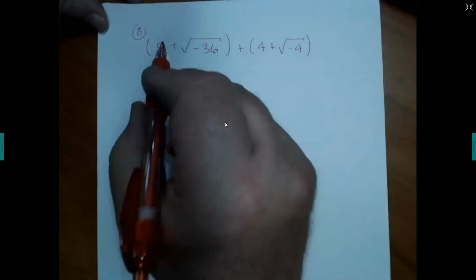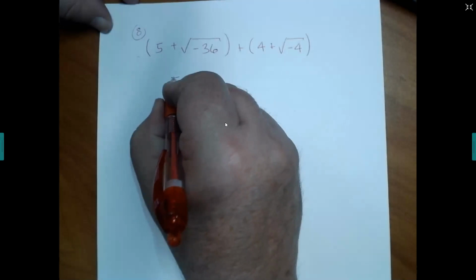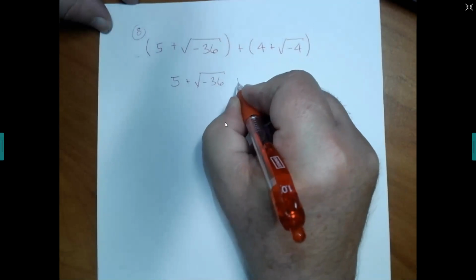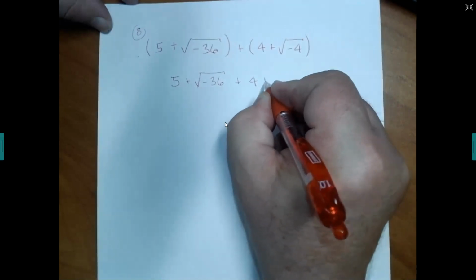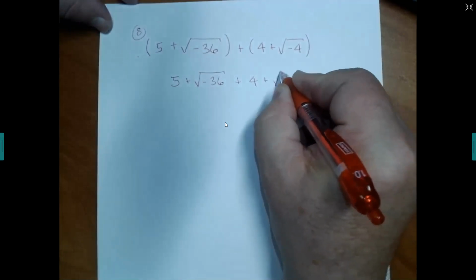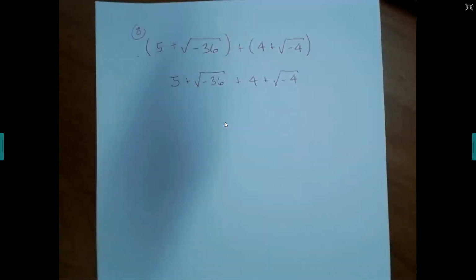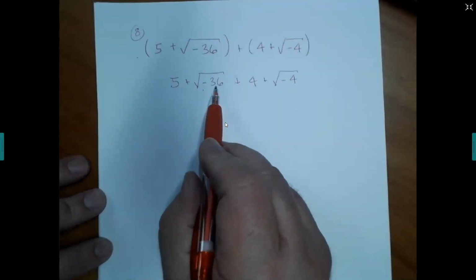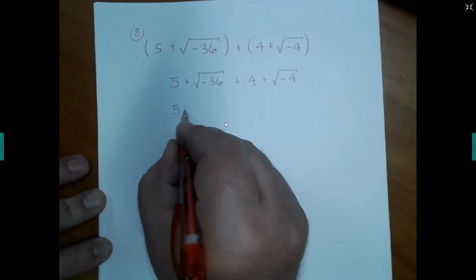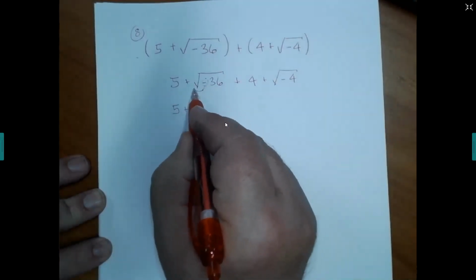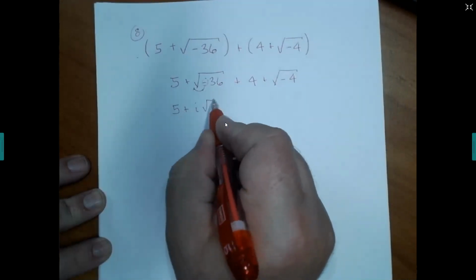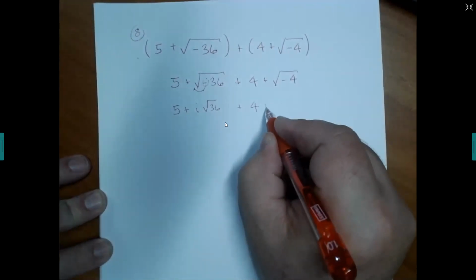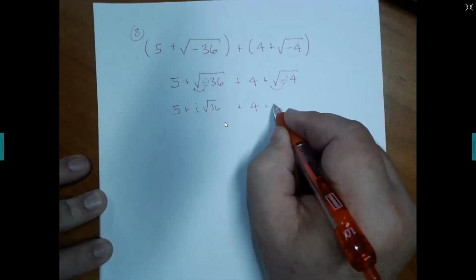Nothing in front, so we just drop the first parenthesis, and nothing in front of the second one, so we drop those. A negative radical negative 36: the negative goes out in front as an i. The negative goes out in the second one as an i.